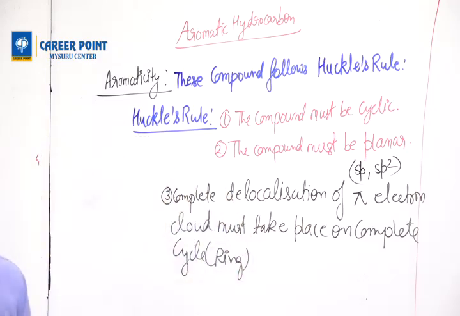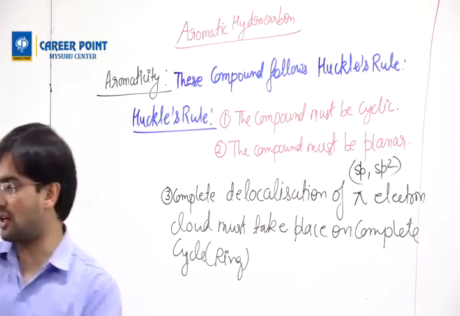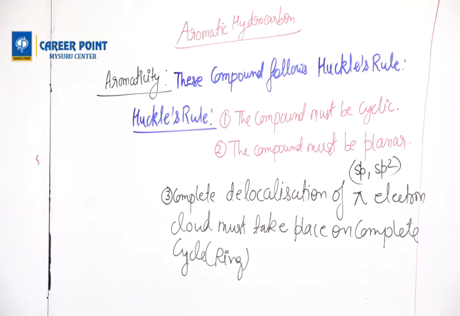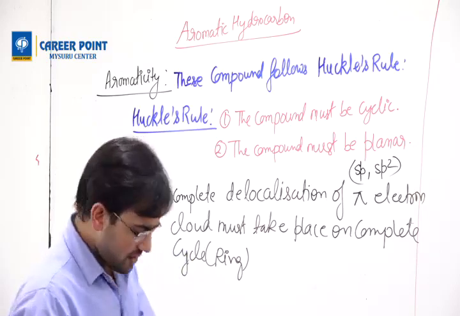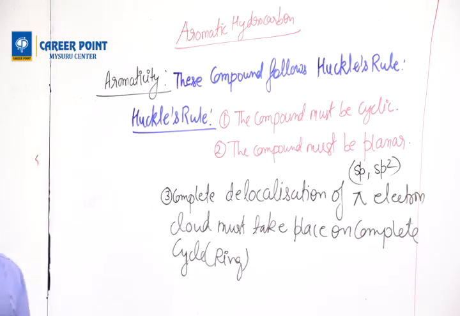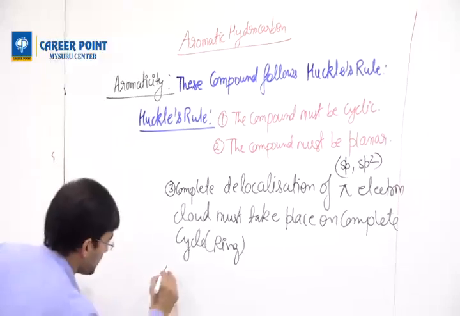This is the third condition. Now, what does the word pi delocalization mean? Delocalization means resonance. So resonance must be happening, but it must be happening on all atoms in the ring. Understand? This is the third point. Then the fourth point.